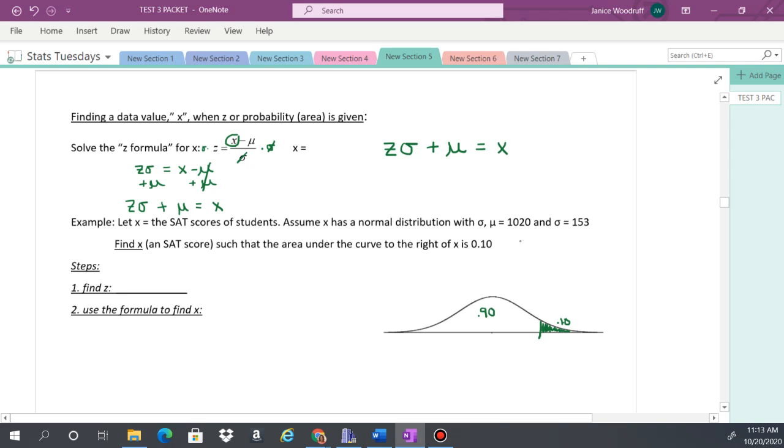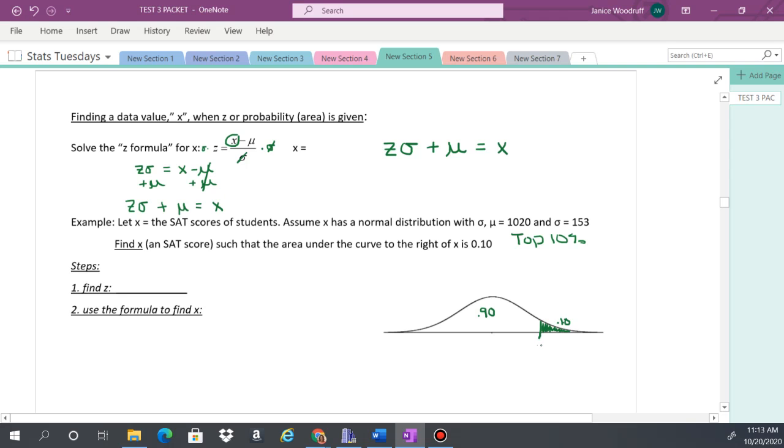So what are they asking you? Find the score that corresponds to the top 10%. Now of course they're not going to ask it that way because that would be too easy, right? We're going to make it more complicated. But that's what it is. So 0.10 is to the right, that's the top 10%.